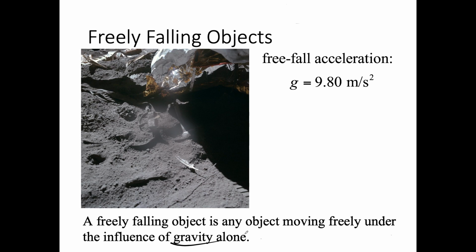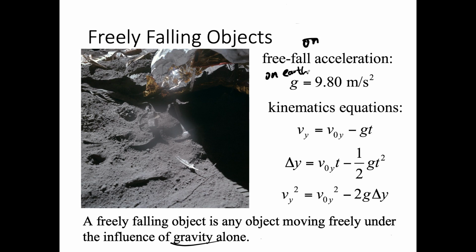And on the surface of the Earth, the acceleration of the object due to gravity is roughly 9.8 meters per second squared. So we can use the following kinematic equation to solve any free falling problem. Final velocity equals initial velocity plus at, right? But we know for free falling the acceleration is pointing down, if you choose up to be positive.